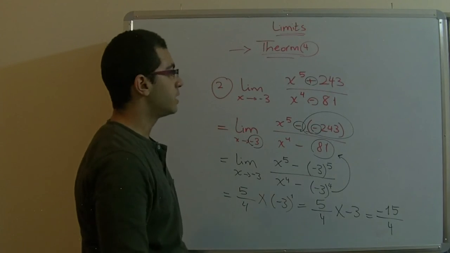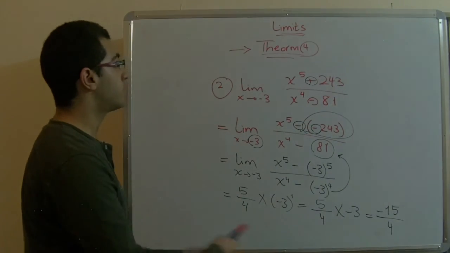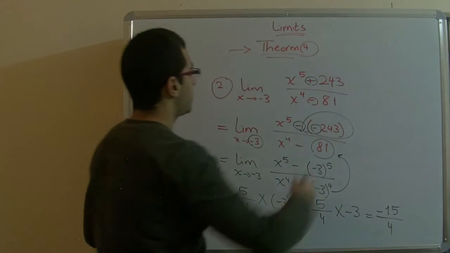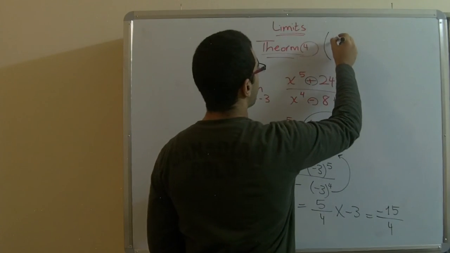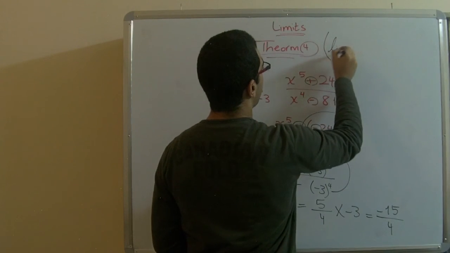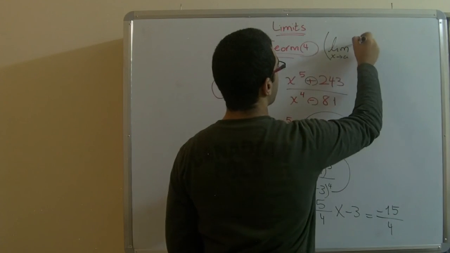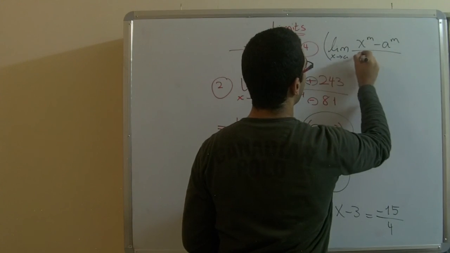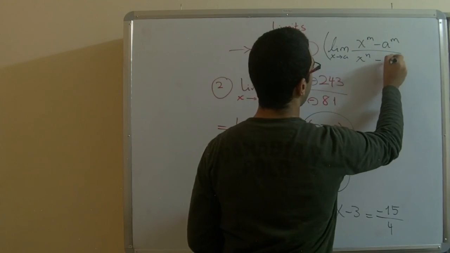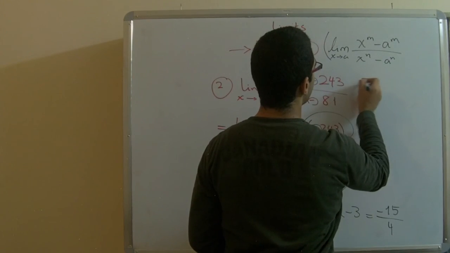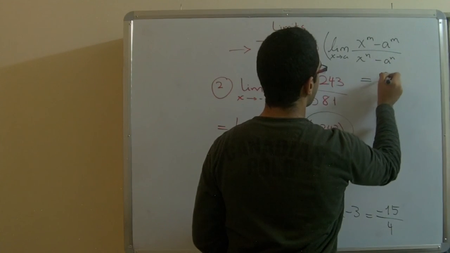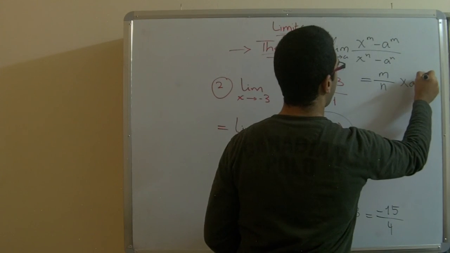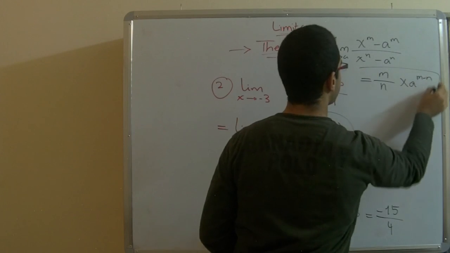We must change the shape of the problem into the formula which we have studied in the lesson. For the last time, if we have the limit as x approaches a of x to the power m minus a to the power m over x to the power n minus a to the power n, the result will be m over n multiplied by a to the power m minus n.